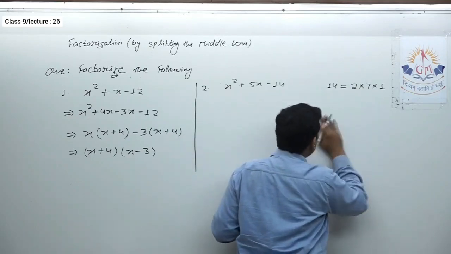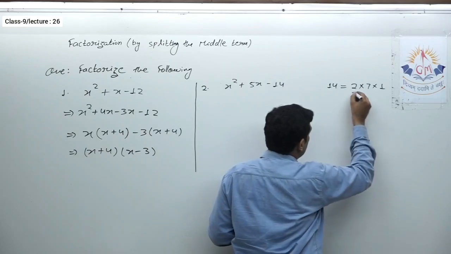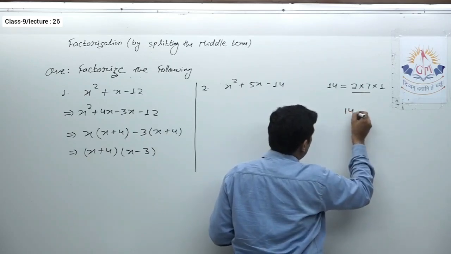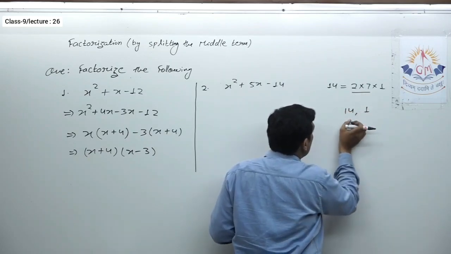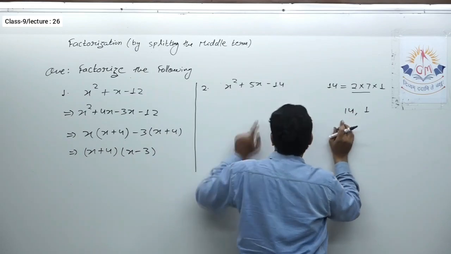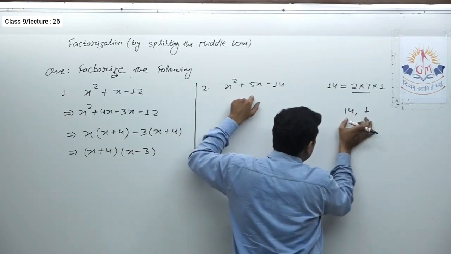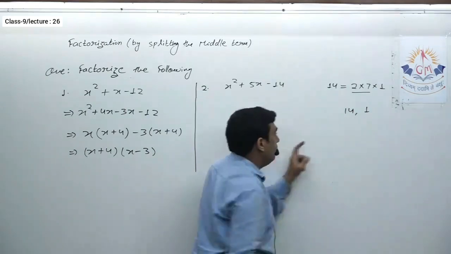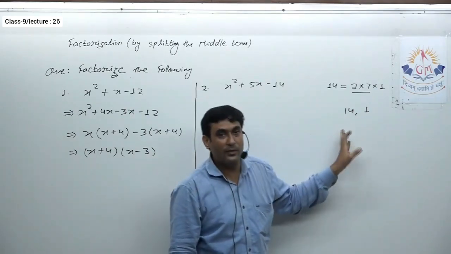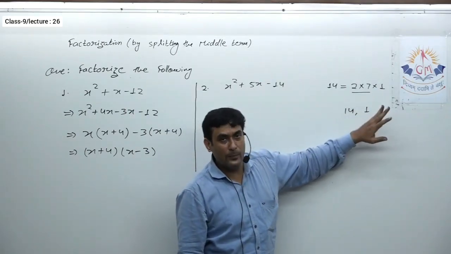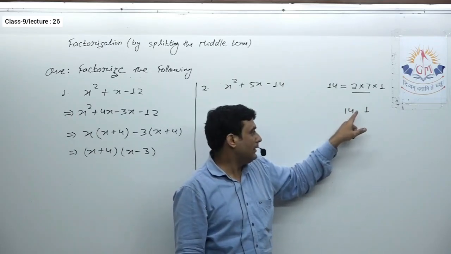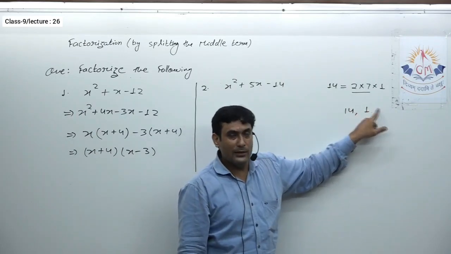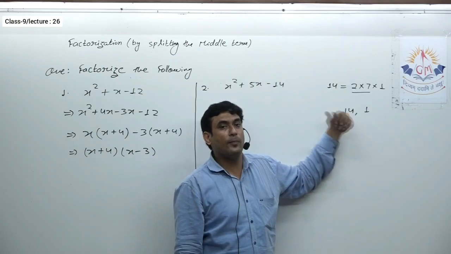So there are only 3 factors, so it's very easy. If I take these two together, that is 14 and this alone 1. Now are you able to get 5 either by adding these two or by subtraction of these two? No. If we add them, we will get 15. If we will subtract them, so we will get either plus 13 or minus 13, isn't it? 14 minus 1 gives you 13. 1 minus 14 gives you minus 13.